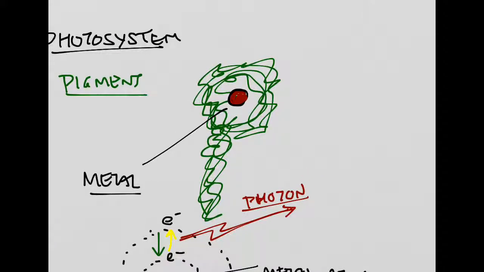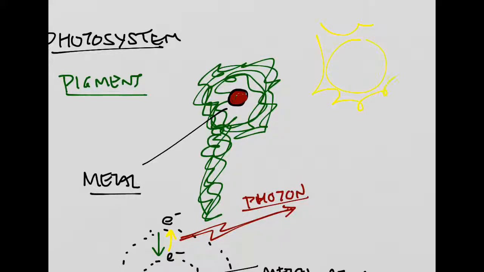That means that something is going to be able to excite the electron in this metal, make the electron bump up, and then fall back down. And when it does that, it releases a photon of energy. Well, what is it that makes it get all excited so that electrons go up and then drop down to release energy? The thing that does that?